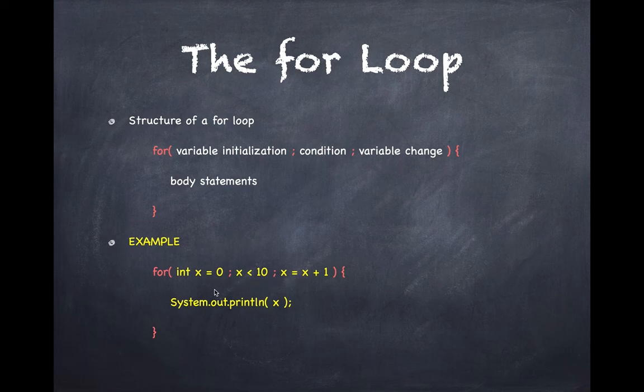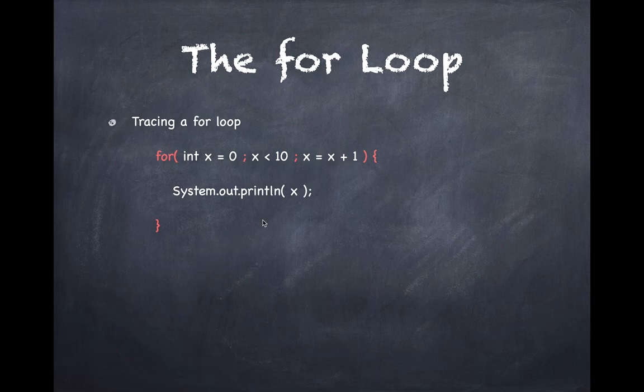And then what do we want to repeat? We just want to repeatedly print out what x is. So this is another loop that's going to print out 0 through 9, just like the while loop did a second ago. Okay, so let's go ahead and see how this works as far as the programming goes. I should say how the computer runs this or interprets this.